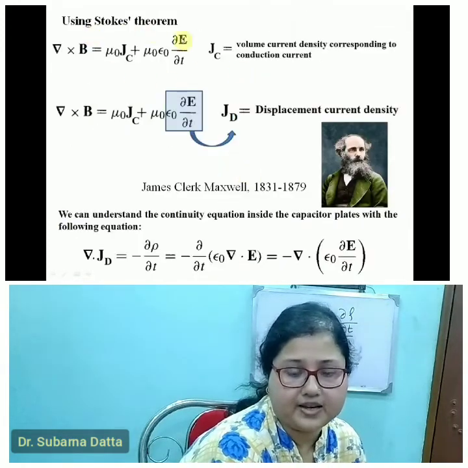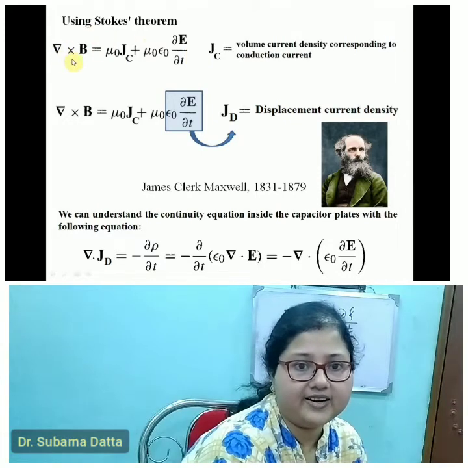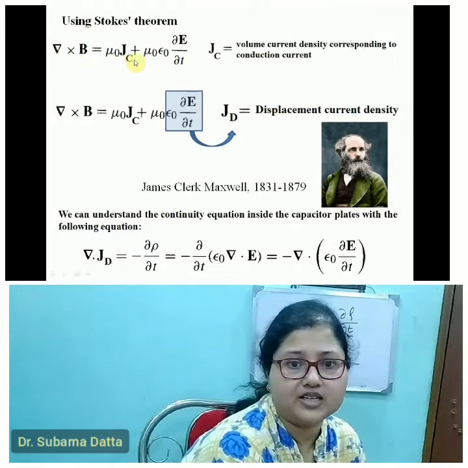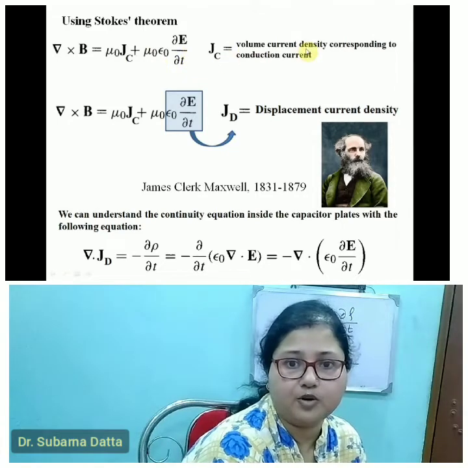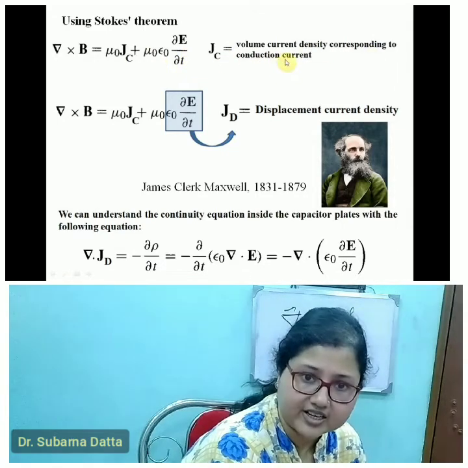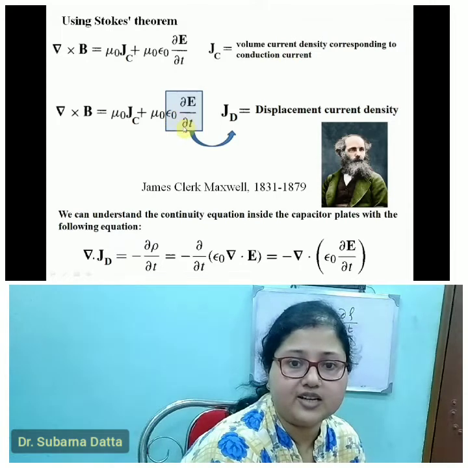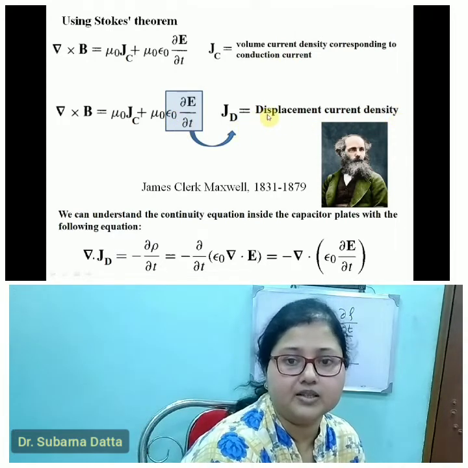Applying Stokes' theorem, we get del cross B is equal to mu 0 JC plus mu 0 epsilon 0 del E del T. JC is the volume current density corresponding to the conduction current, and epsilon 0 del E del T is the displacement current density.